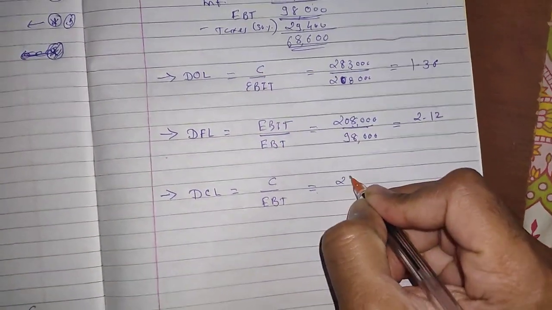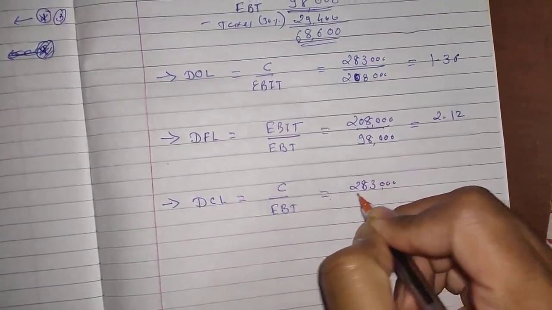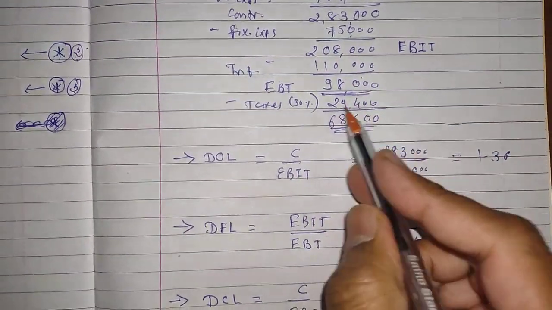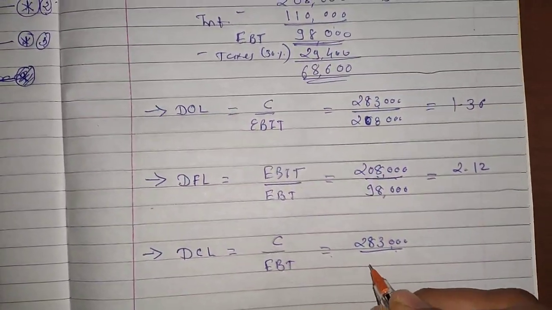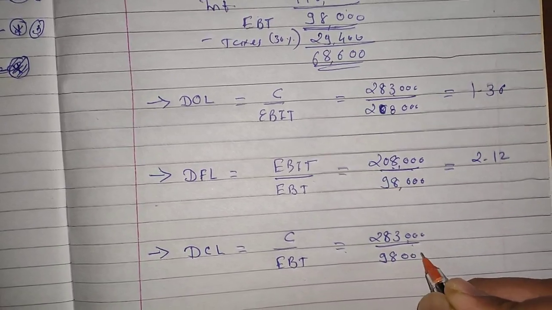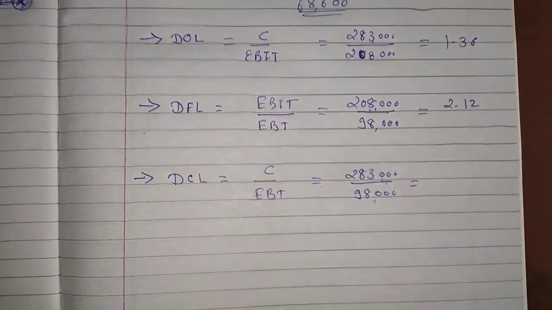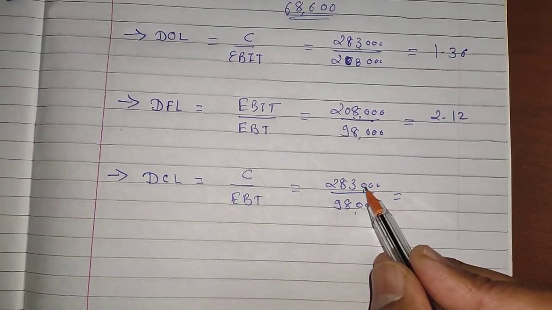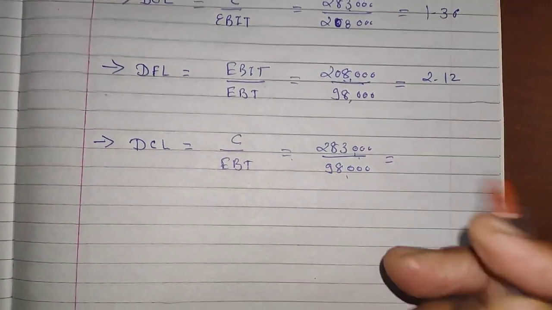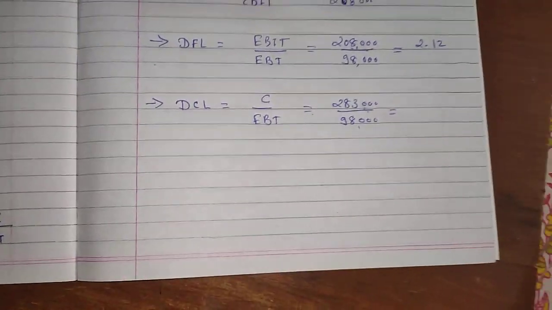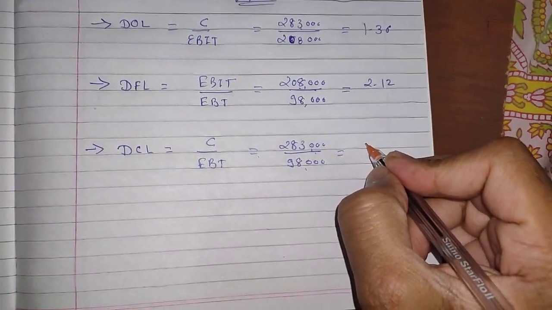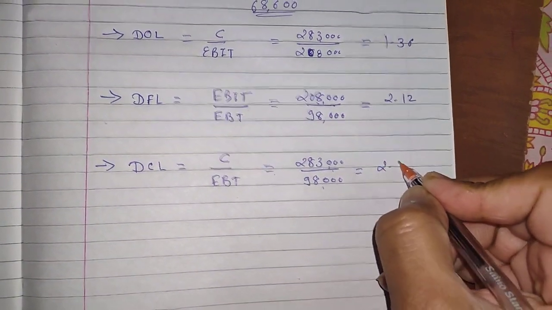So I will write 2,83,000, and that is divided by EBT. EBT is 98,000. Now dividing 2,83,000 by 98,000, the answer will be 2.88.